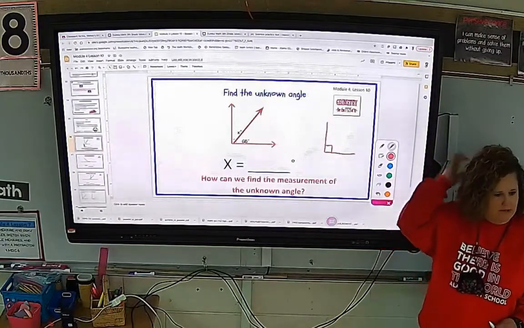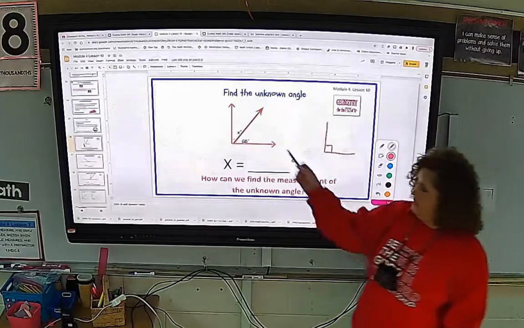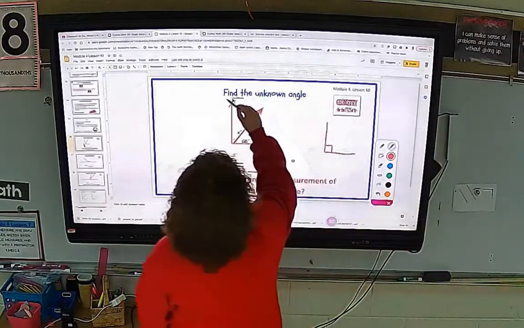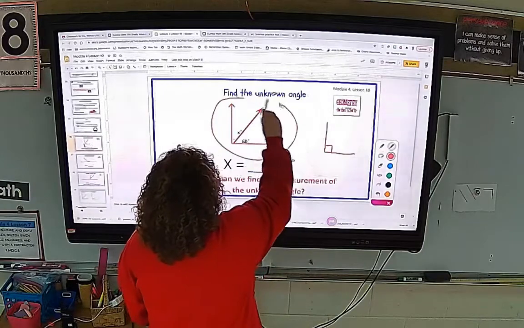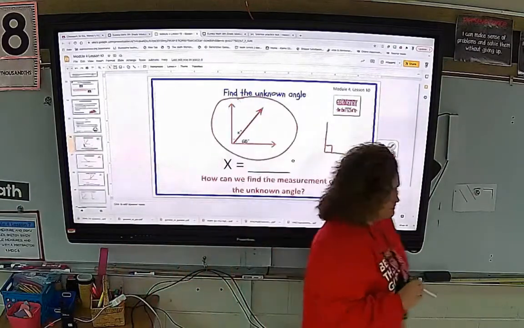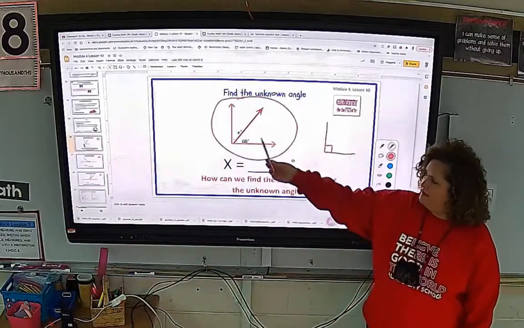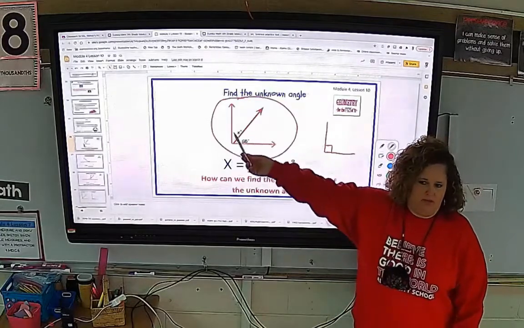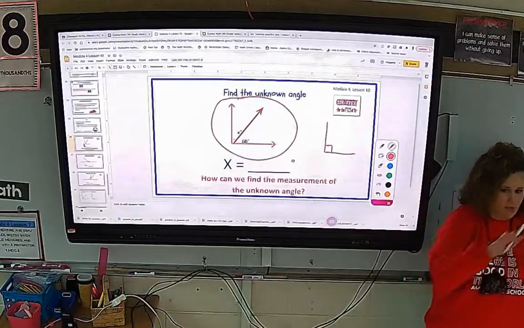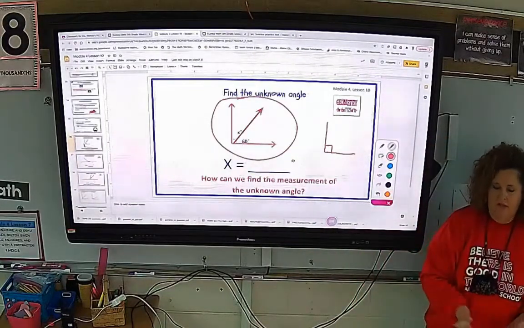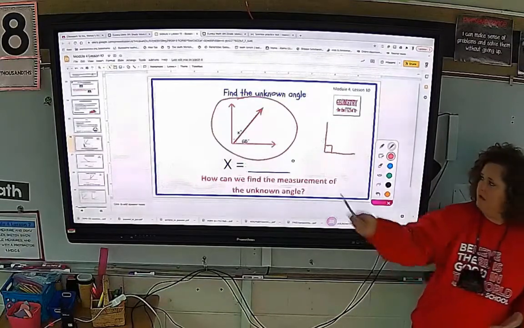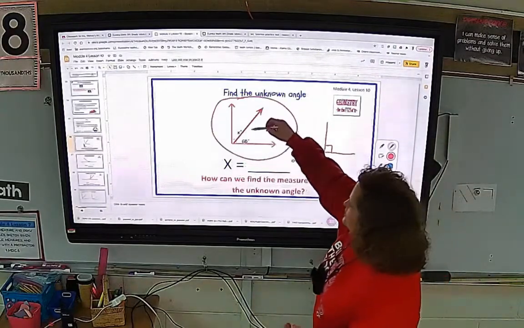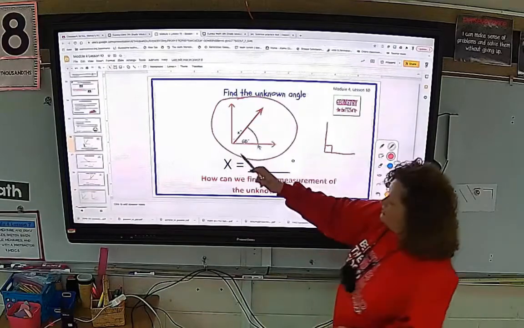Okay? So if this whole thing is 90 degrees, and we have a piece of it, can we figure out what the other piece is? If we know what the whole thing is, and somebody gives you a piece of it, like we know that this piece right here is 60, because they tell us that.